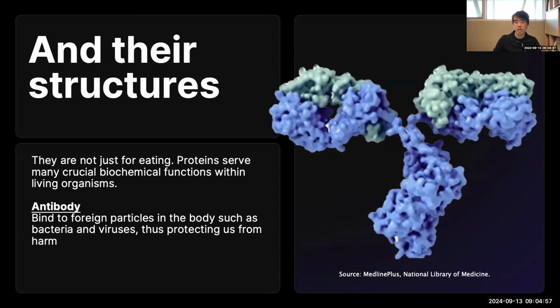But they're really important, and they will then protect our body from harm. Notice that this antibody has its own particular structure. It looks like a little bit of a T here. The binding sites that it uses are on the two arms here, on the left and on the right-hand side.